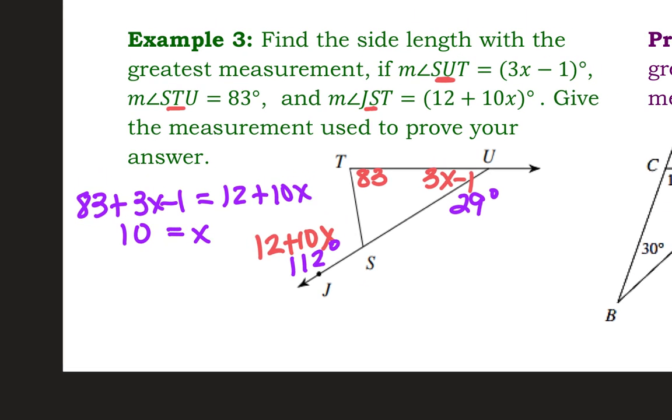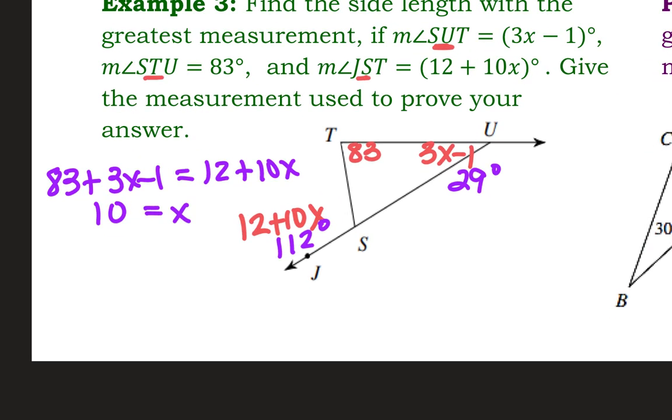All right, so it says find the side length with the greatest measurement. So if this is 29 and this is 112, you've got to figure out this angle right here. If this is 112, what should this one be? 68. Do you agree that's 68? Yeah? Okay, 68.